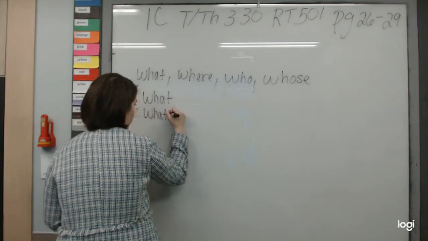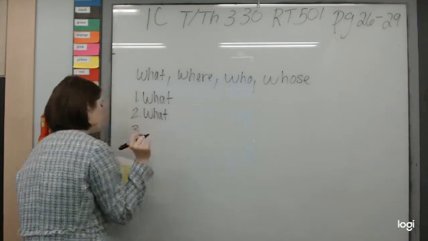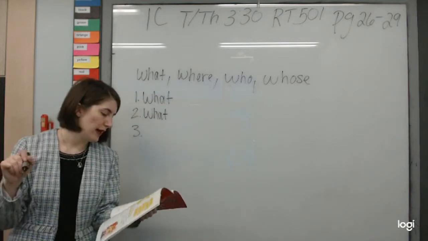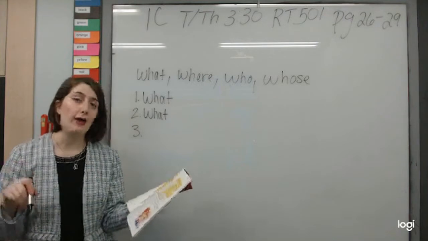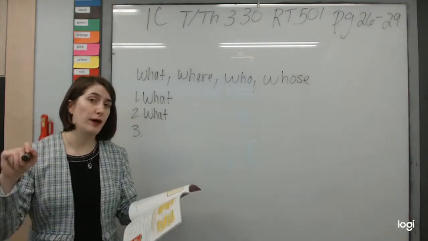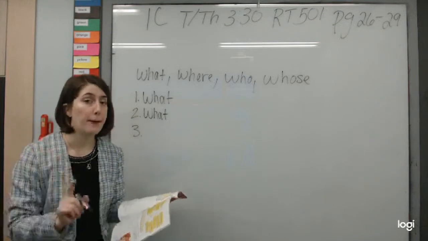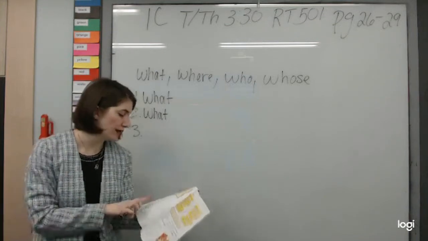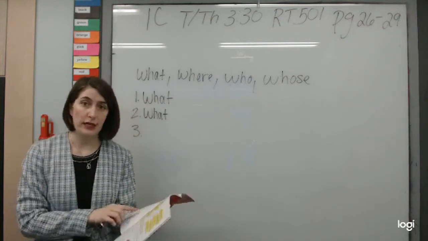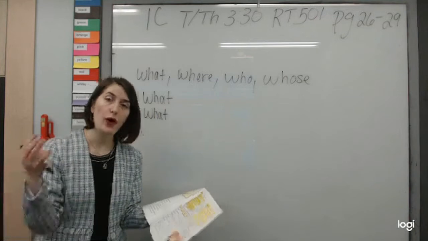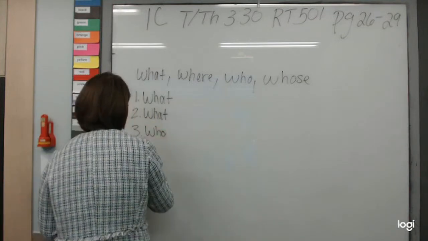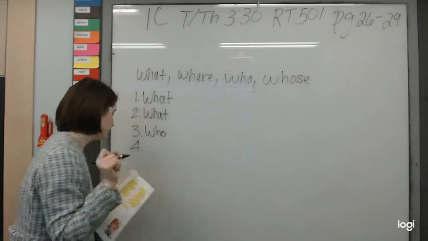What does he use? Number 3, blank, do they help? They help sick people. Oh, so you might have wanted to put, what do they help? But if you read the next part, it says, they help sick people. Now, sick people, people. So who do they help? Who do they help? All right.